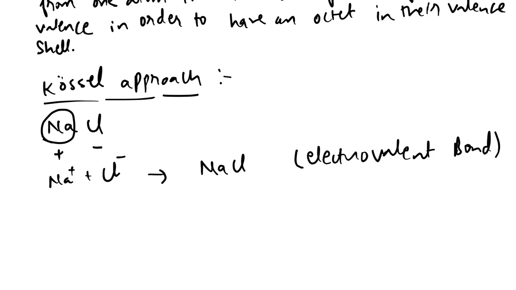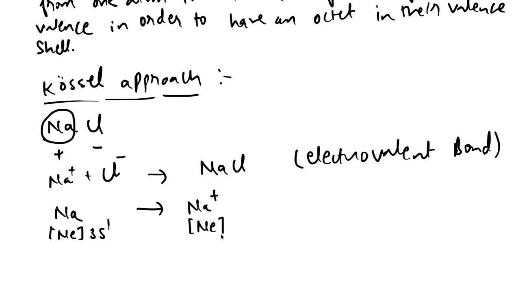Let's just try to understand this in more detail. Okay, so try to recall the configuration of sodium. We know that sodium has 11 electrons, right? So its configuration is neon, which has 10 electrons, and 3s1. So what it is going to do is lose one electron to complete its octet.